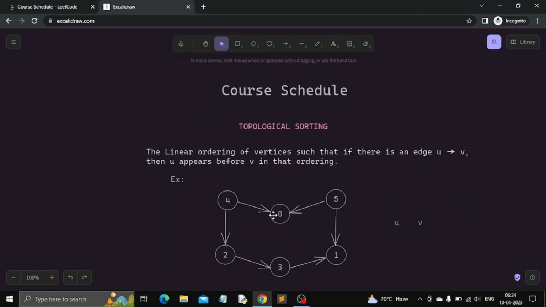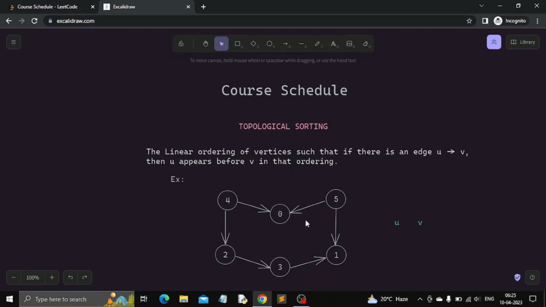Let's say this is an acyclic directed graph that we are having. We need to determine a relevant ordering after performing topological sort on these vertices.